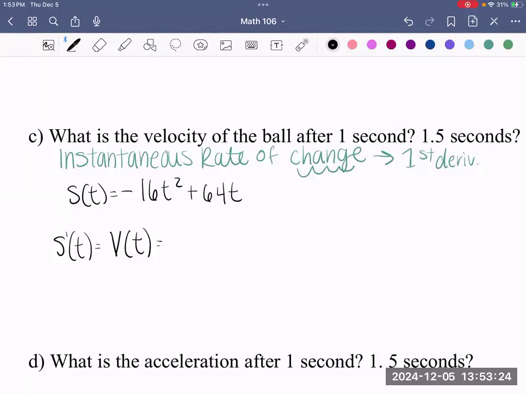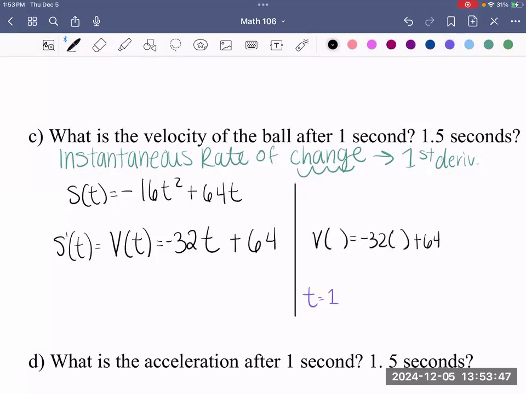So v of t is equal to negative 32 t plus 64. Now that we have your slope equation, your velocity, we want to evaluate when t is equal to 1. So v of 1 is equal to negative 32 times 1 plus 64. So negative 32 plus 64 at 1 second, we're now at 32 feet per second.